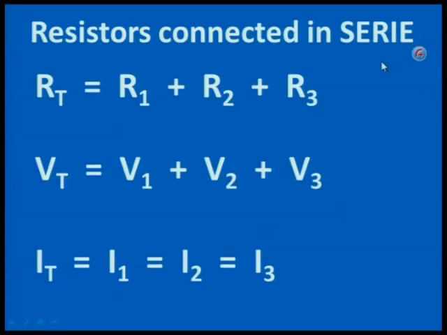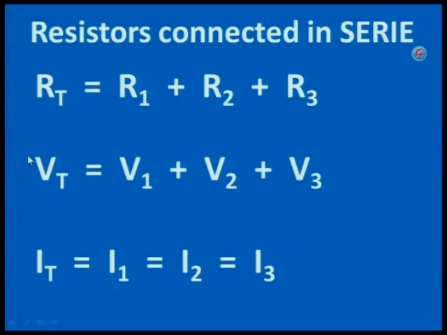If we look at resistors connected in series, the total resistance of the circuit would be the resistance of resistor 1 plus resistor 2 plus resistor 3.